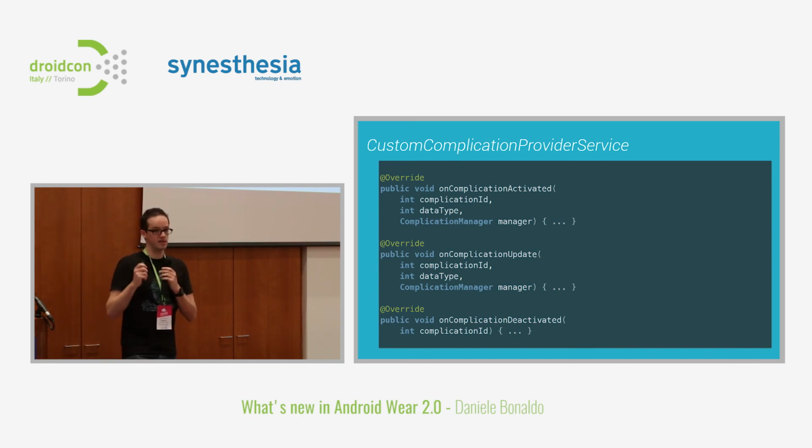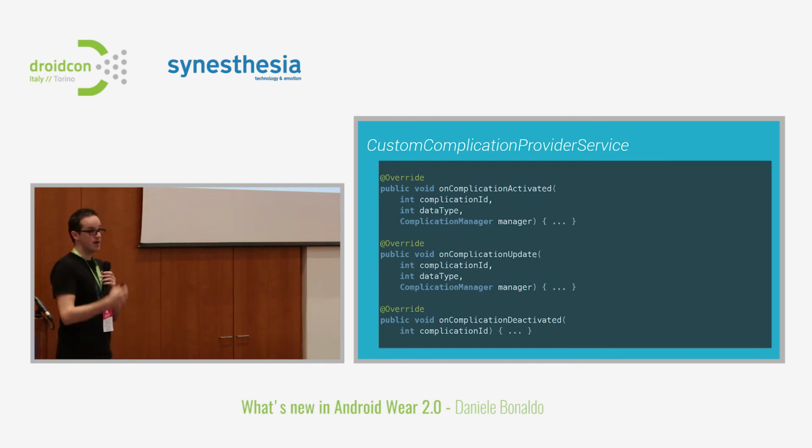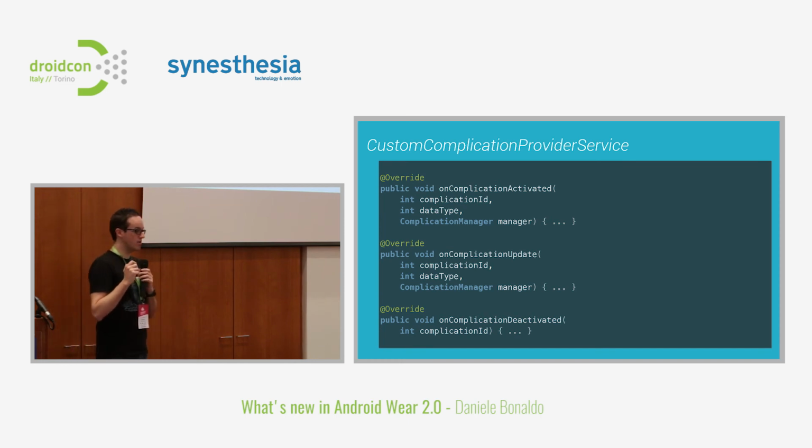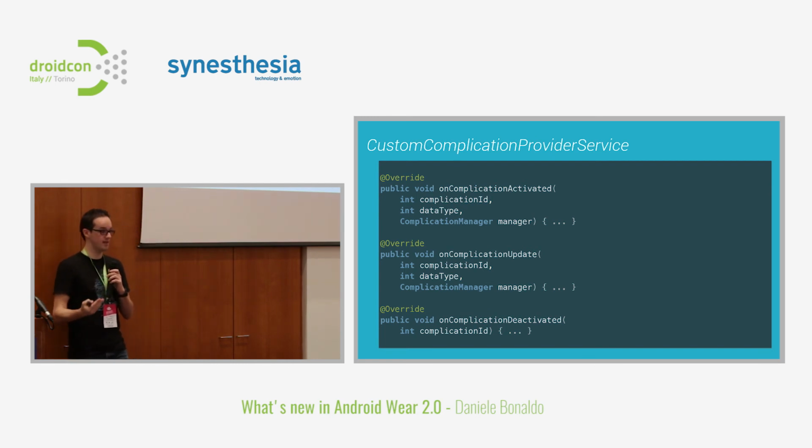Inside the service, there are 3 main methods that you may want to override. The first one notifies you with a callback when your complication has been added, and we'll see later how, to a watch face, so that you can start any background service or any logic you want to start fetching the data. Once that is done, your service will be asked to provide updated data.